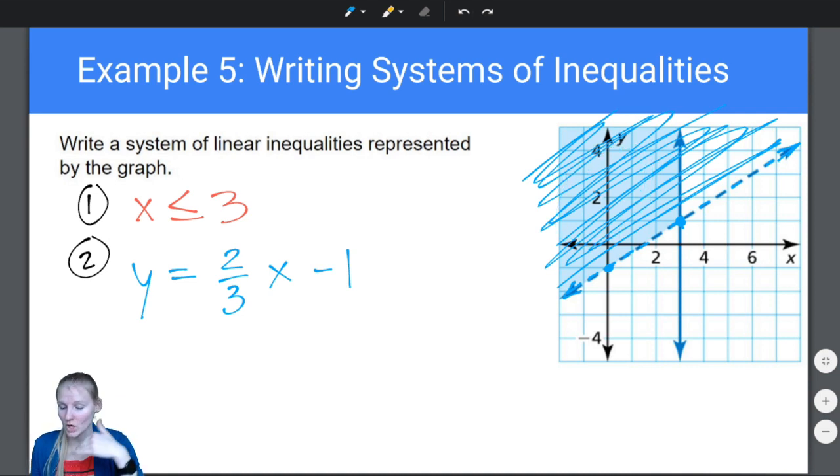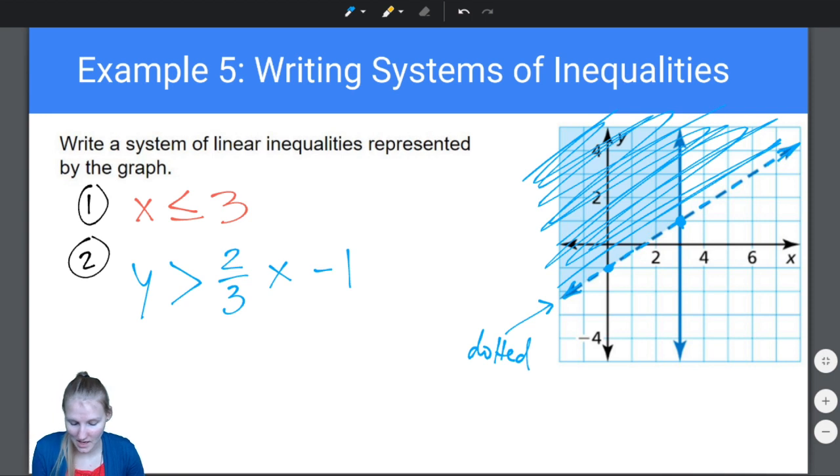So, if I am shading above the line, that means that y must be greater than 2/3 x minus 1. And because this is a dotted line, I just have greater than. No greater than or equal to, just greater than.